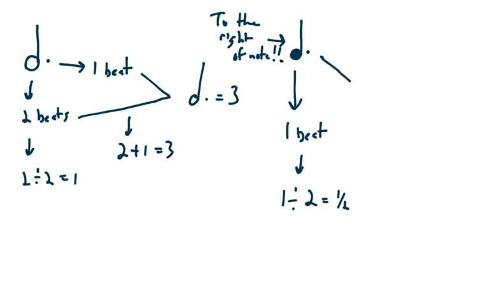So that means we'll get 1/2 beat. And for those of you who love math, 1 plus 1/2 equals 1 1/2 beats. It works no matter what. Every time, without fail. This is how the dot works, as long as it's to the right of the note.